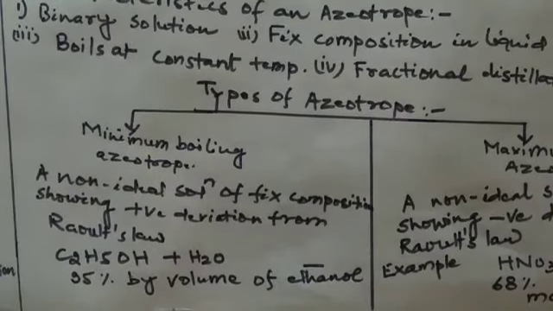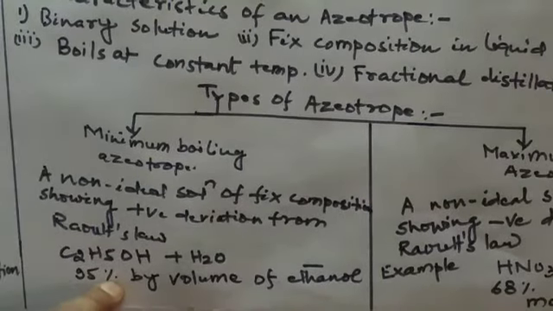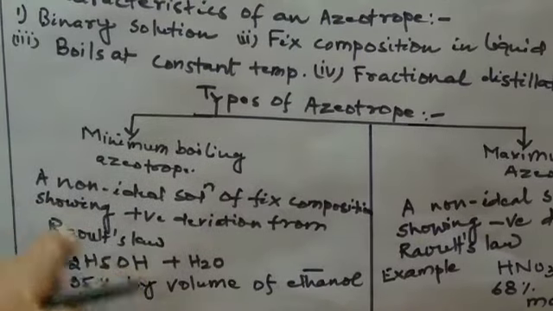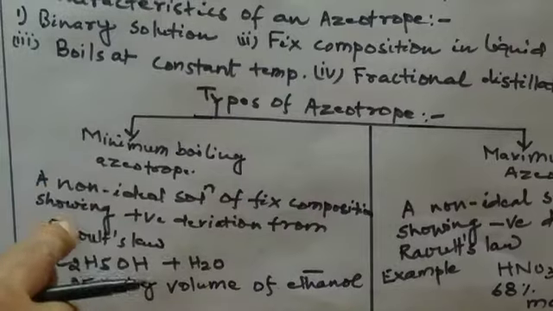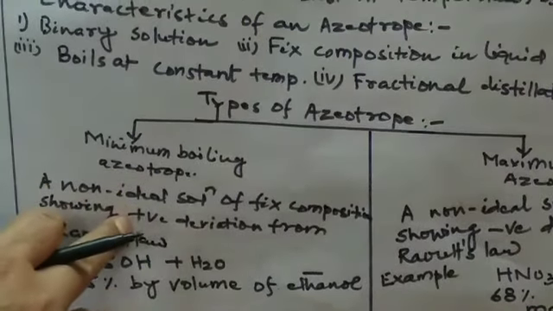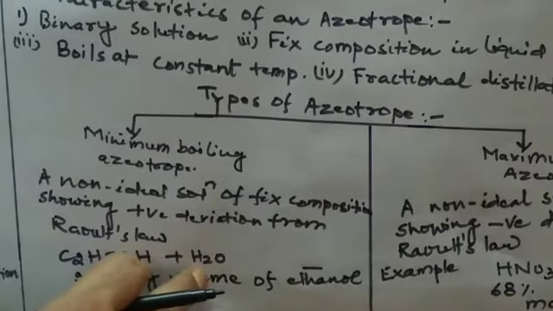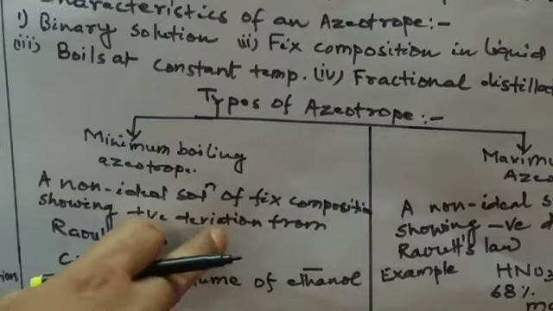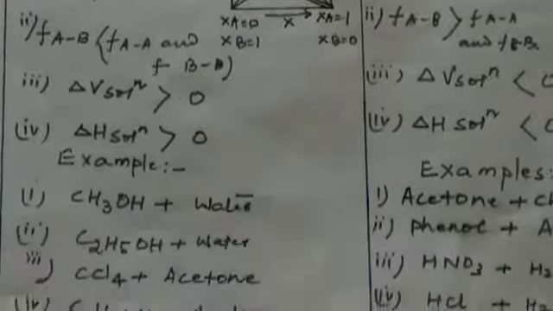Once again, I am repeating, 95% aqueous solution of ethanol by volume is a minimum boiling azeotrope, because this solution is showing positive deviation from Raoult's law.